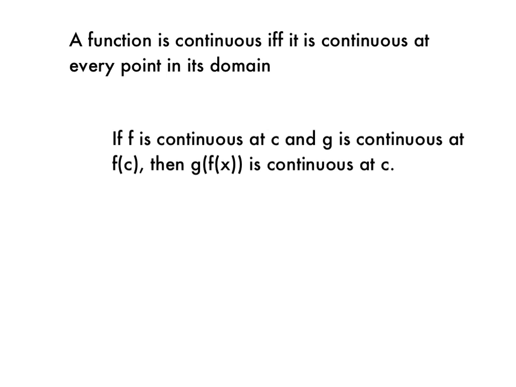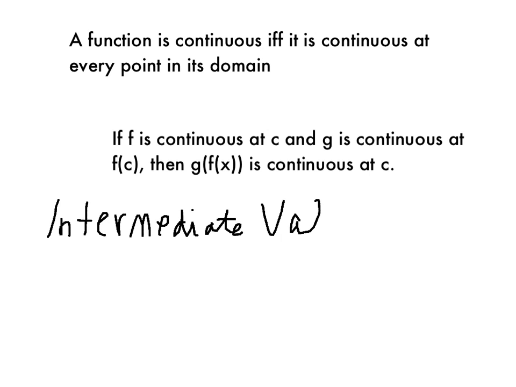Finally, we have a very important result that will continue to come up, and that's known as the intermediate value theorem. And what it says, again, is something that's very believable when you think about a continuous function.